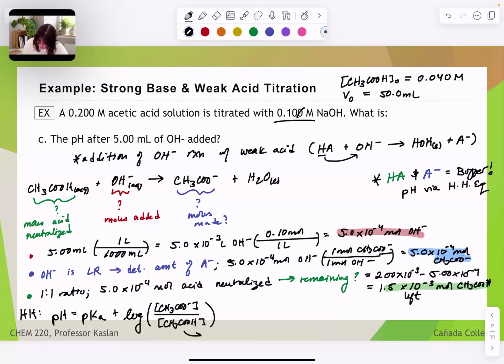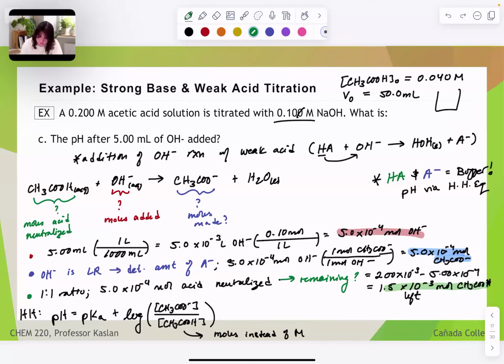And I'm going to be a little cheap and lazy. I'm going to recognize that I could do a fraction of moles instead of molarity because both of these quantities of acetate and acetic acid exist in the same beaker.